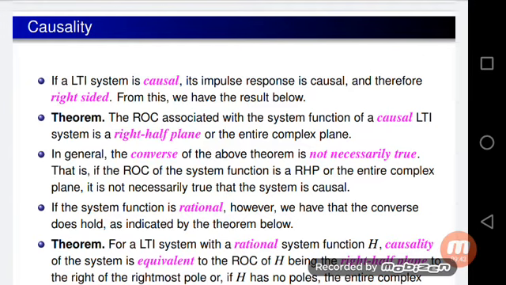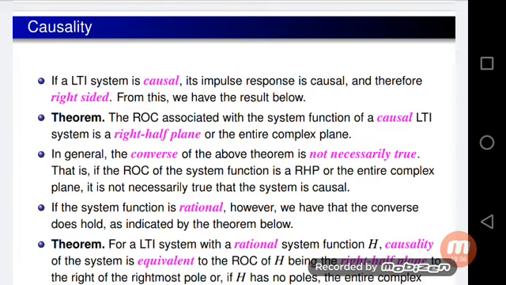Next one is causality. If an LTI system is causal, its impulse response is causal, and therefore right sided. From this we have the result below.